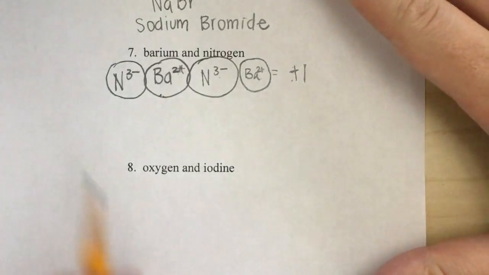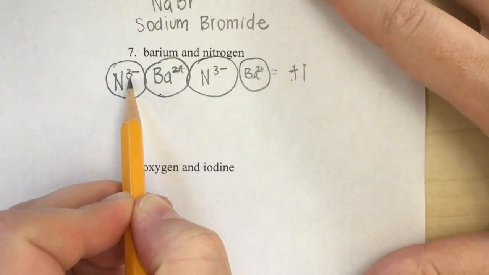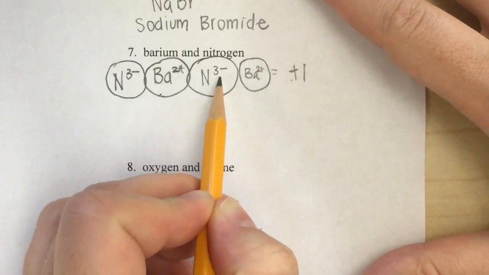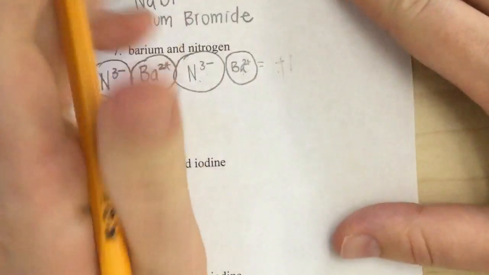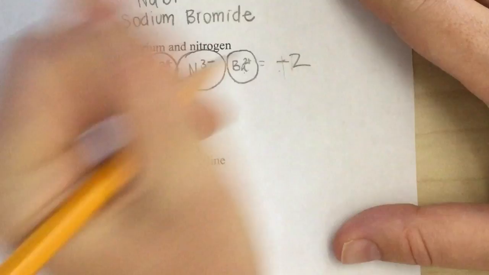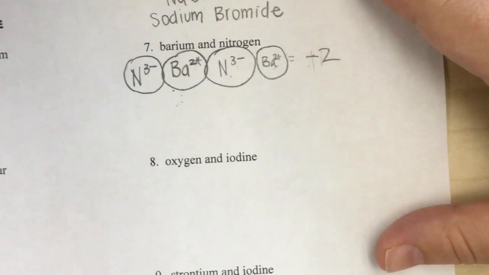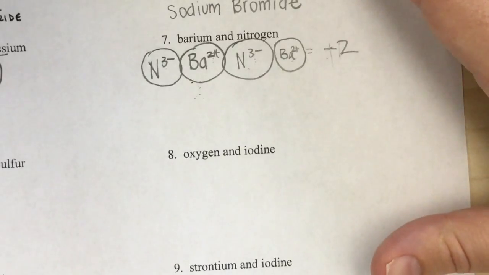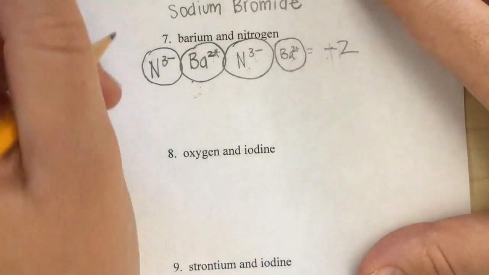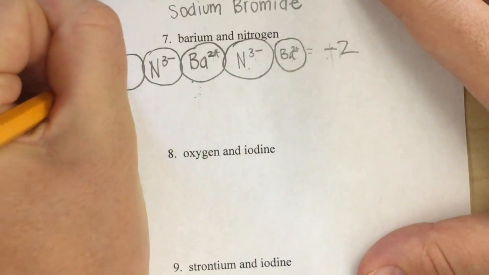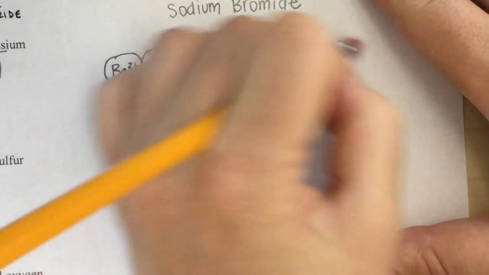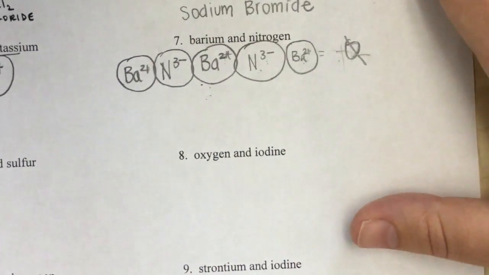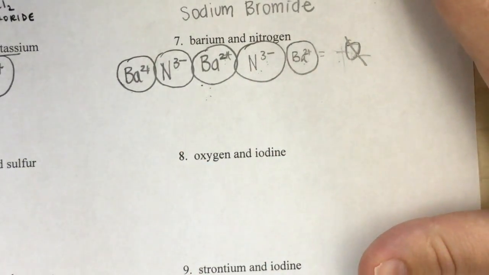So if we add these together, we get -3 plus 2 plus -3 plus 2. That gets us an overall -2 charge. So still not at 0. And so we need to add in one more barium. And that will get us an overall charge of 0, meaning our compound is complete.